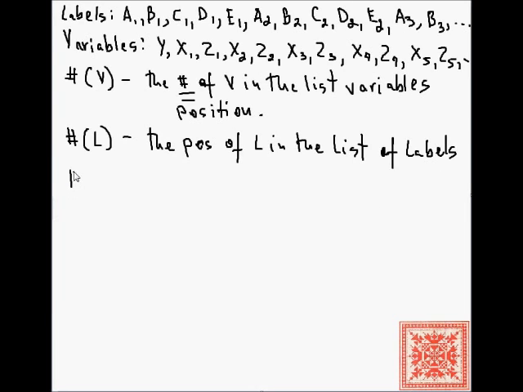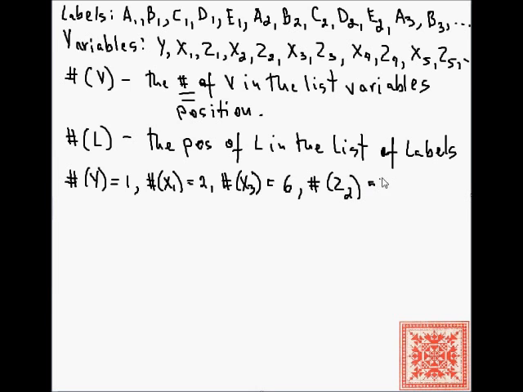Here are a couple of examples. The position of y is 1, the position of x1 is 2, the position of x3 is 1, 2, 3, 4, 5, 6. Another example: the position of z2 is 1, 2, 3, 4, 5.